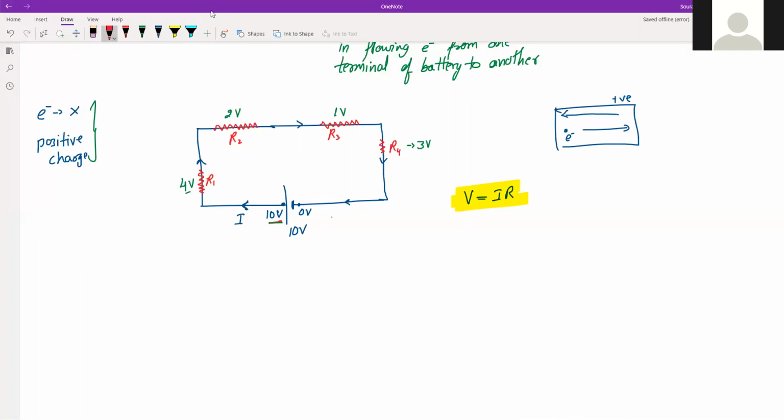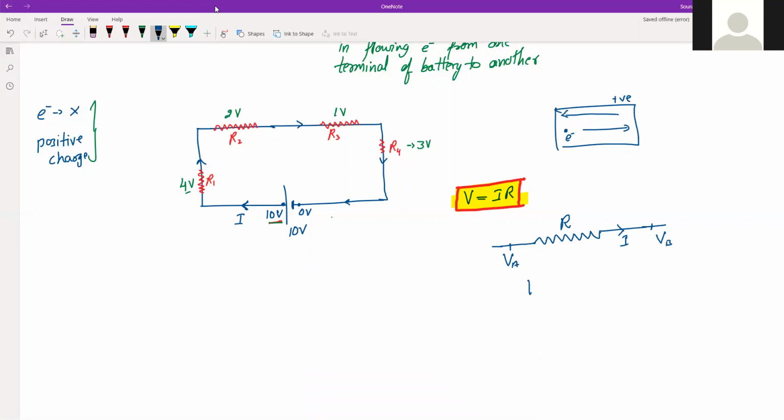Okay, so it's simple. If a current I flows through this resistor whose resistance is R, then some amount of potential will be consumed here. Suppose this is VA and this is VB.